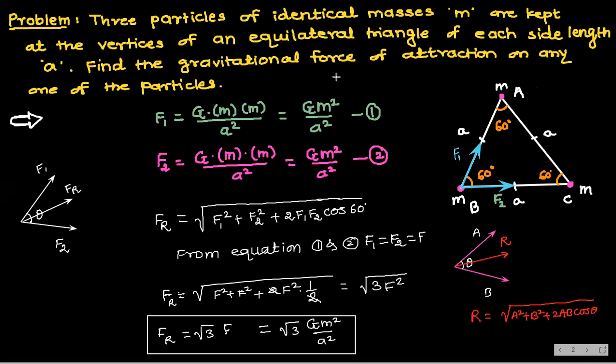Sir, now we took MB as a particle. If we take MA as a particle? No. M is the mass of this particle. A is the distance between these two.